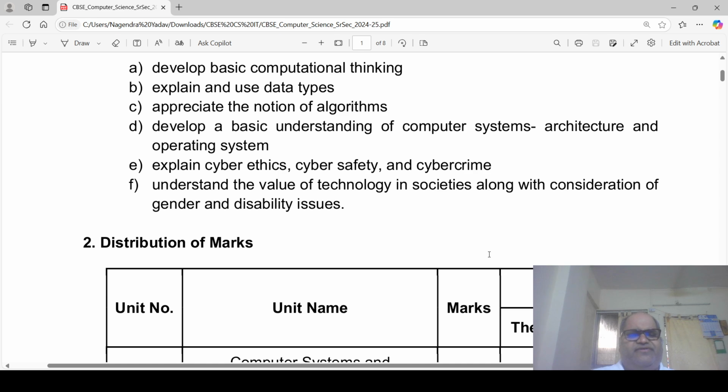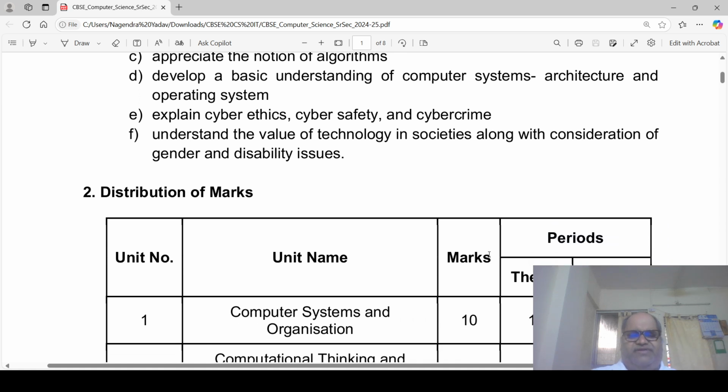And then topics around cyber ethics, safety, and cyber crime. They're more from an awareness perspective, and again very important, because there'll be some questions in your exam, as well as from the practical knowledge that could help you avoid many of those cyber crime related things, or make you aware of them.